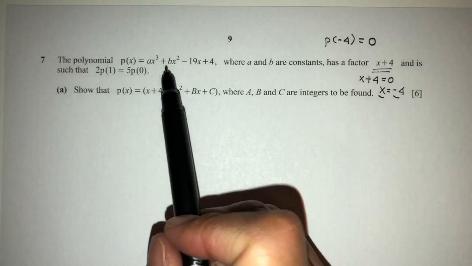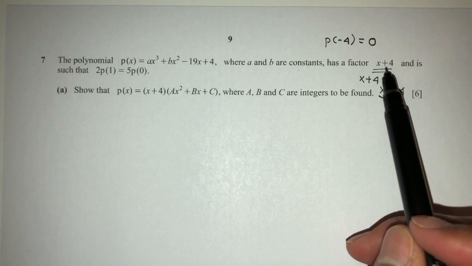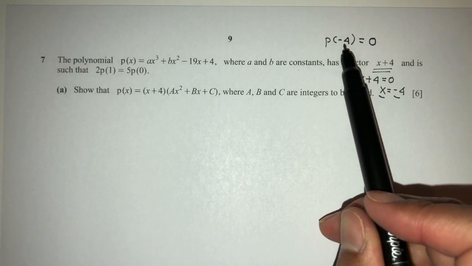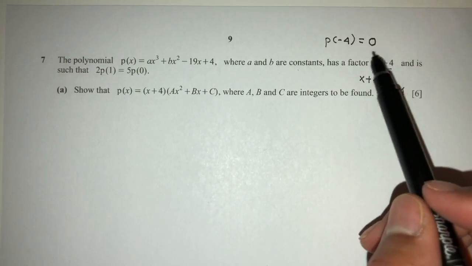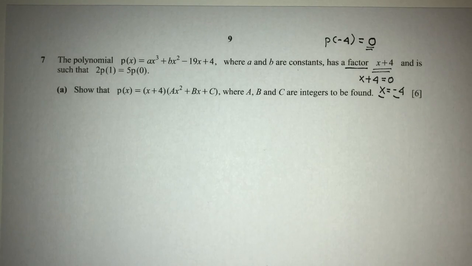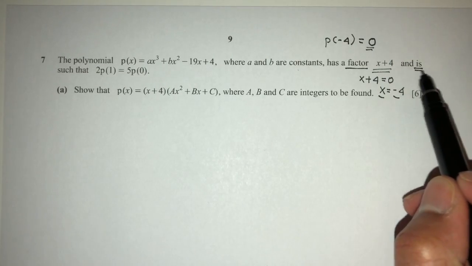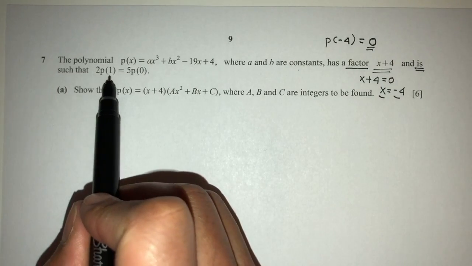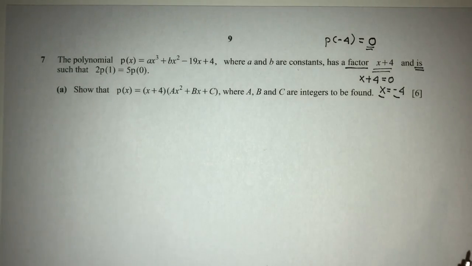So that's something we have to kind of know. Whenever an expression has a factor, we put the value of x in the expression. It should give you a remainder of 0 because it is divided exactly by this factor. So that's the first thing we know from that line. Now, n is such that 2p1 is equal to 5p0.